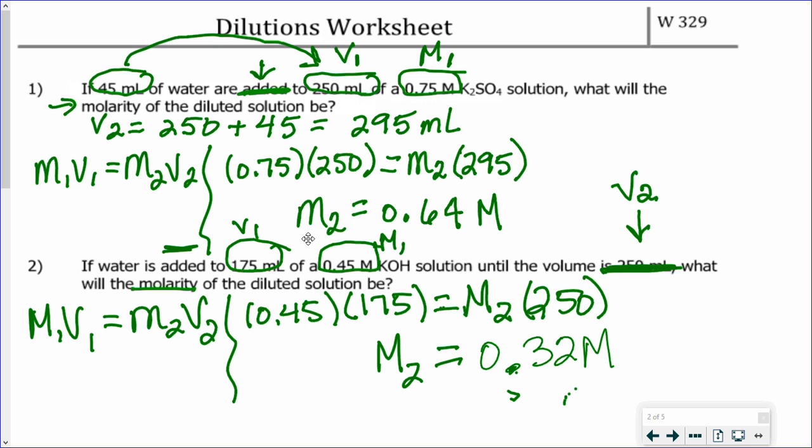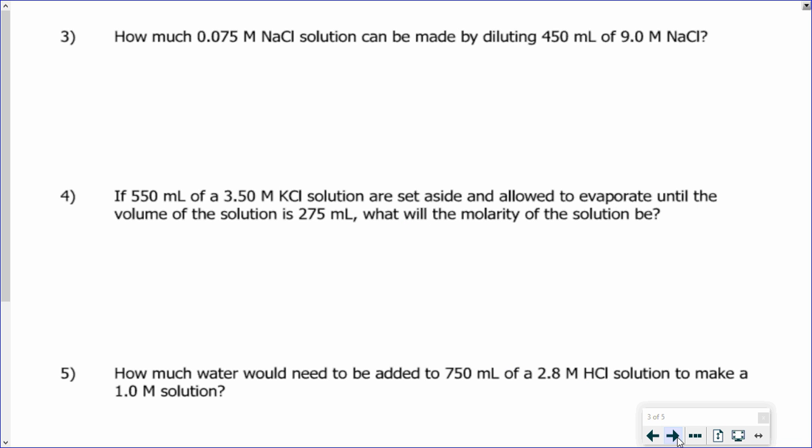All right. Let's try another one. Number 3. How much 0.075 can be made if I dilute 450 of 9 molar? So you'll notice that this is smaller than this.